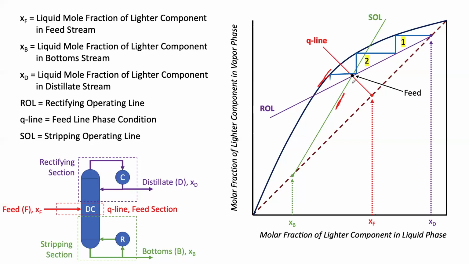But as we continue to draw, we'll note that this stage where the feed line was crossed now becomes our feed stage. And then once we cross this bottoms line down here, or the composition of the lighter component in the bottoms, that is where we will end our stair steps, and that becomes our reboiler stage.